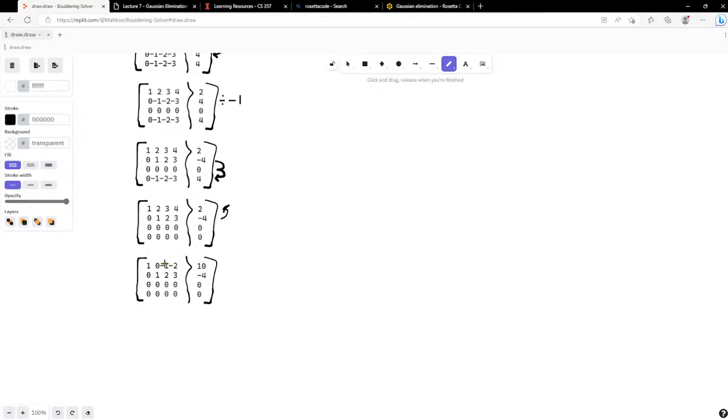So we get that this guy, x1, is equal to negative 1 times this guy, because it gets subtracted to put on the other side of the equation.